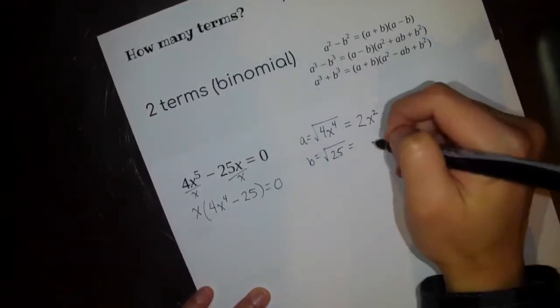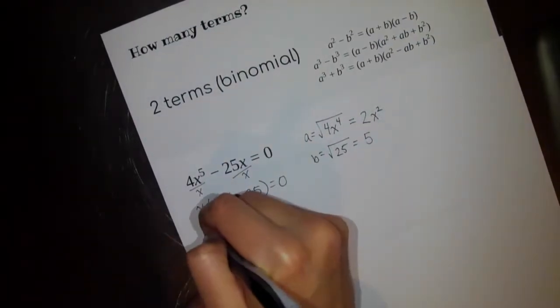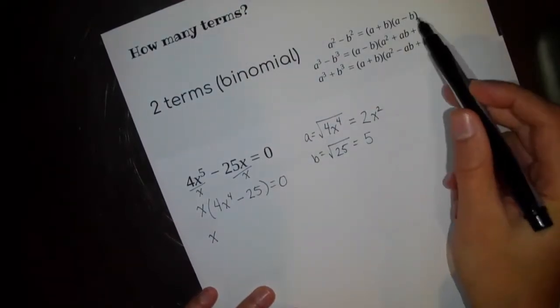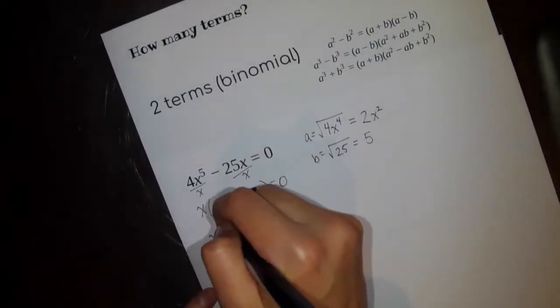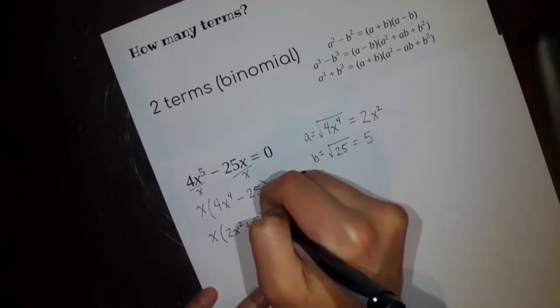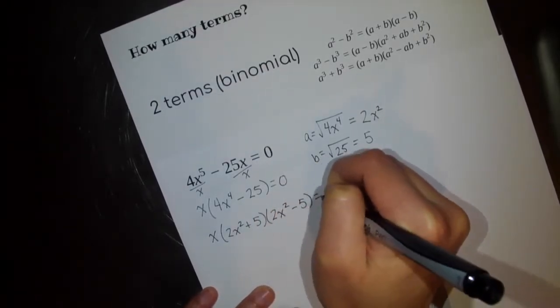Square root of 25 is 5. So this is my a and b. I'll rewrite my GCF in front, and I'll do the a plus b, a minus b. So it'll be 2x squared plus 5 and 2x squared minus 5.